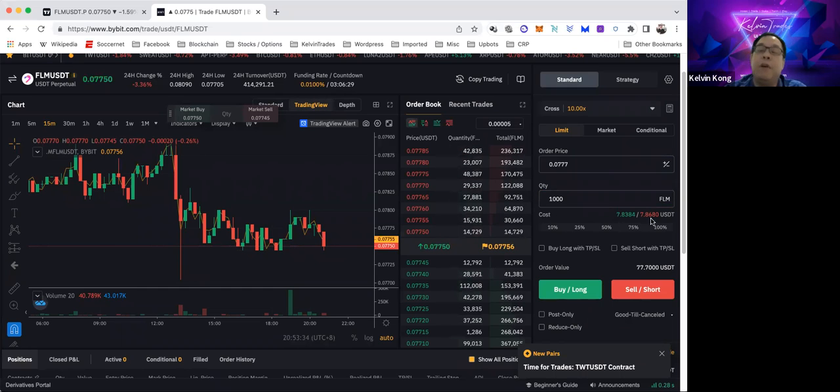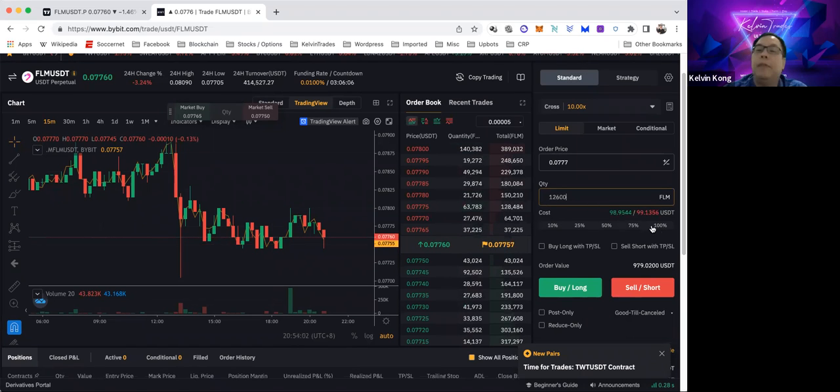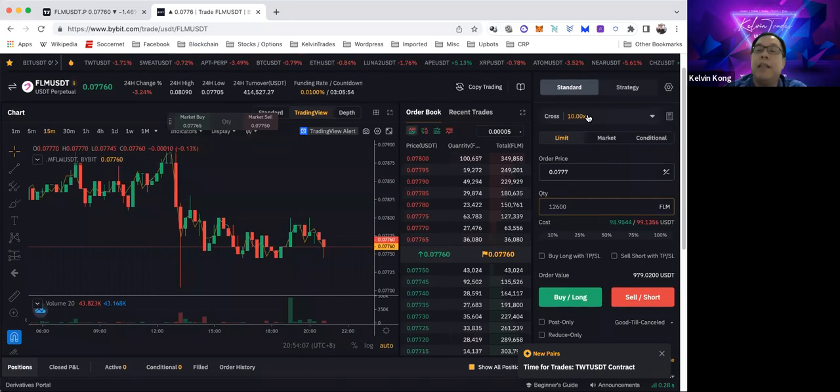Let's say if I want to pay $100 for this trade, this is normally what I do lah. 1,003,125, so about there lah, 12,500. So I'm paying about $98. If I want to short, I'm paying about $99 for this trade on a 10x leverage.